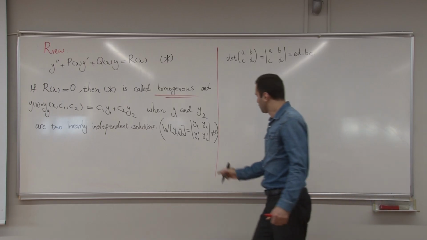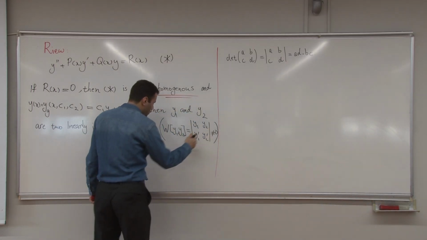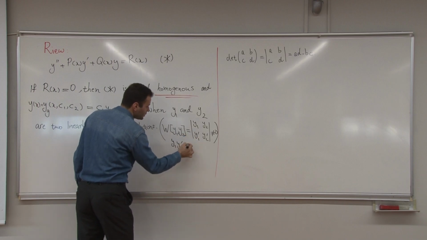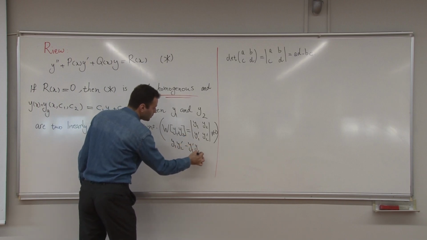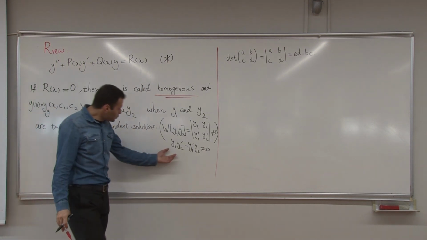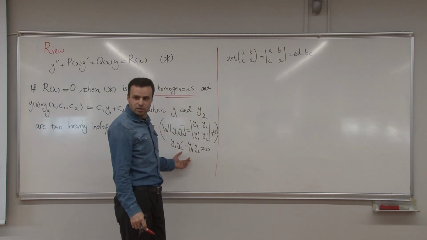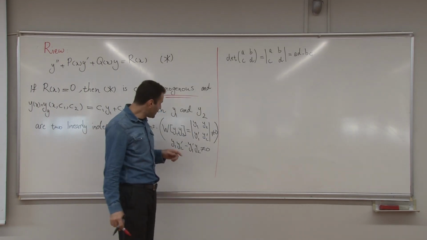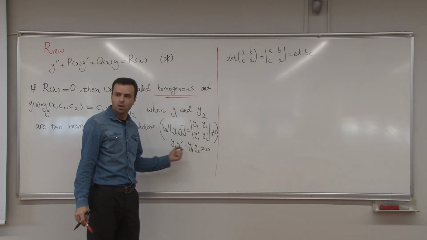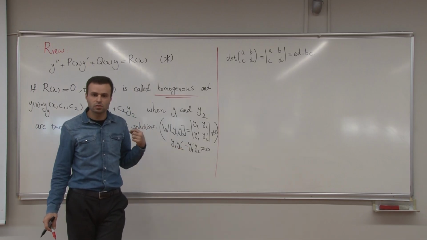Okay. Here, what we need is to calculate y1 y2 prime minus y1 prime y2. And we also know that the Wronskian is either equal to 0, no matter what your x is, coming from this y1 and y2, or it is not equal to 0.